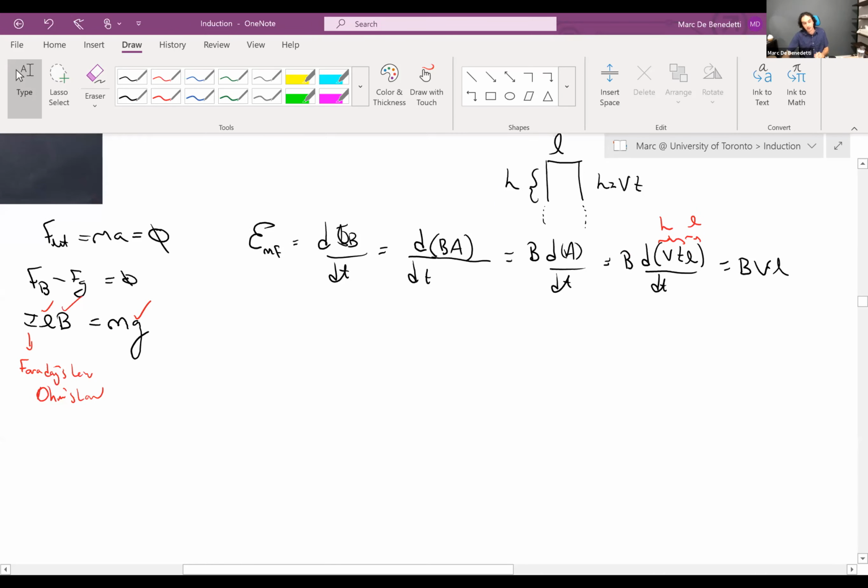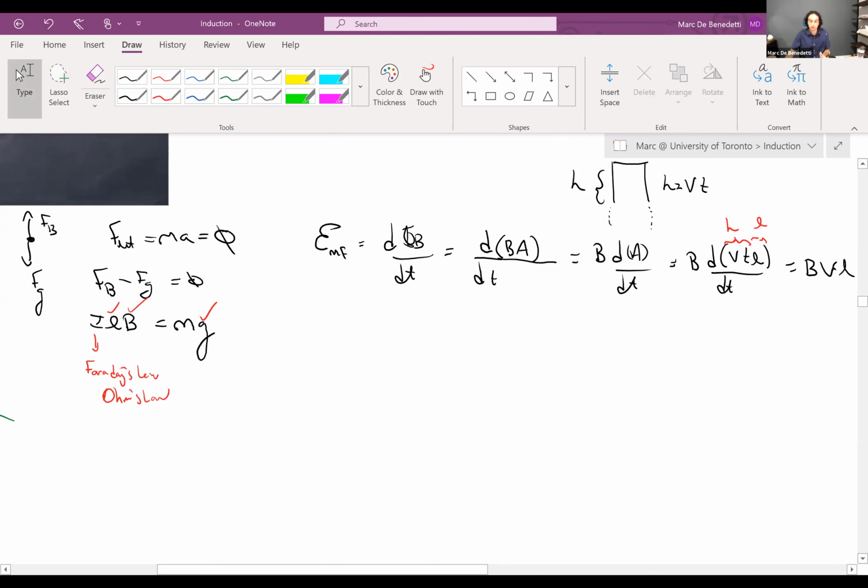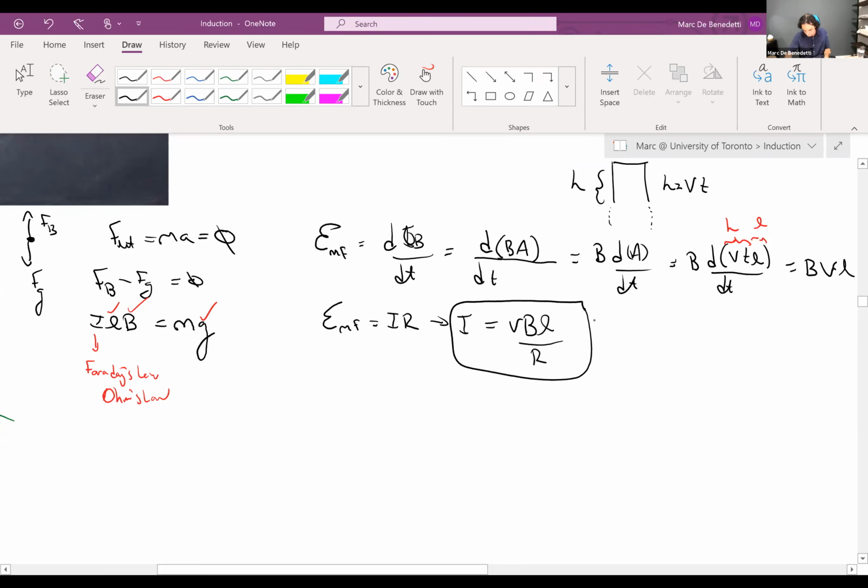Now, because we've already done the first part of our analysis, we know we want current. We know that's the desired thing. So current can be found with Ohm's law. Voltage equals current times resistance, which says current is going to be vBL divided by R. Okay.